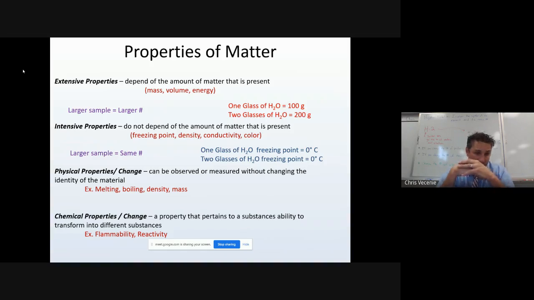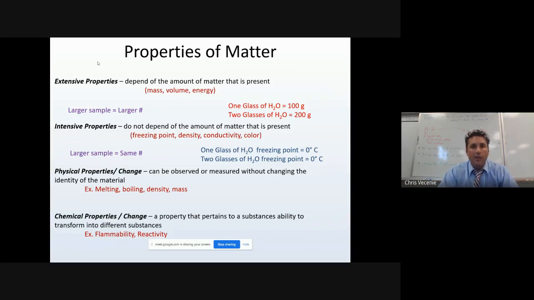Now, when we measure these things, a lot of times we'll be getting numeric values. When we get number values, that kicks into two other categories of properties: extensive, which you see up top, and intensive. With extensive properties, the number value that you would record depends on how big of a substance you tested. Mass is one of them.